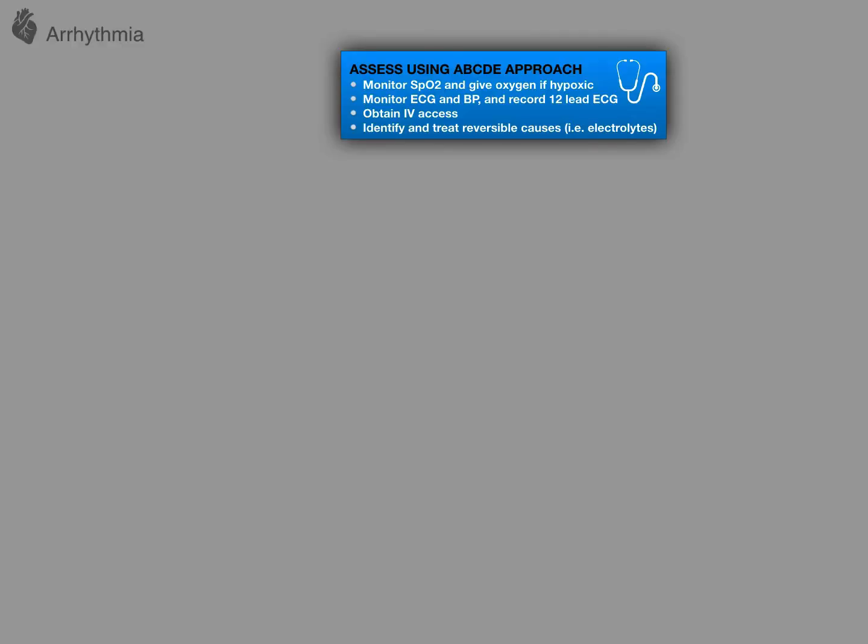So the first thing you're going to do is assess the patient, and do this with an ABCDE approach, and do the basics like giving the patient oxygen if they're hypoxic, doing a 12-lead ECG, getting IV access, and if you can, identifying if there are any reversible causes of the arrhythmia, such as electrolyte imbalances, particularly potassium. And what we're really looking for here is any particularly adverse features, such as shock, low blood pressure, syncope.